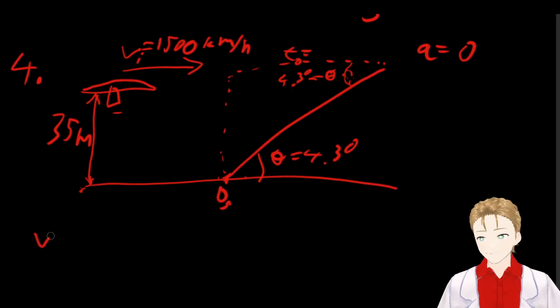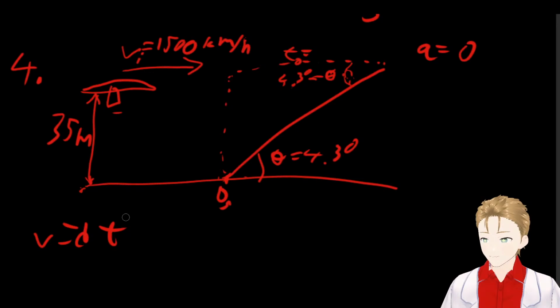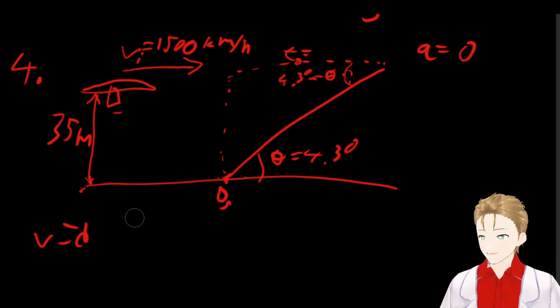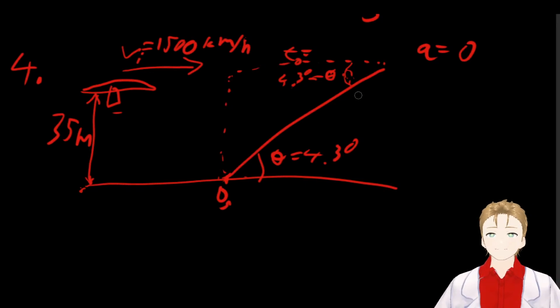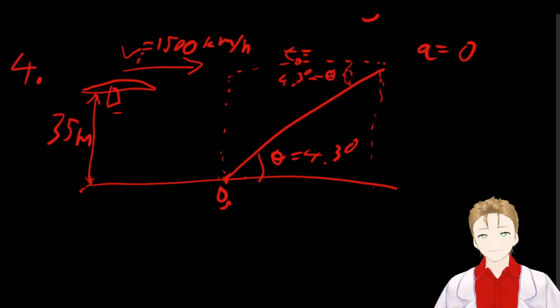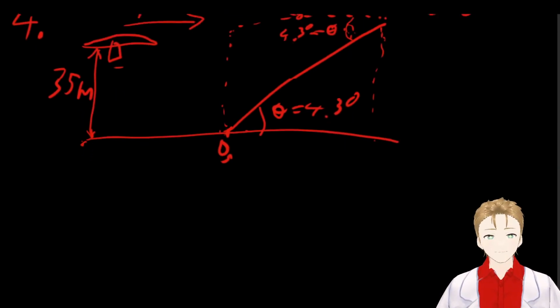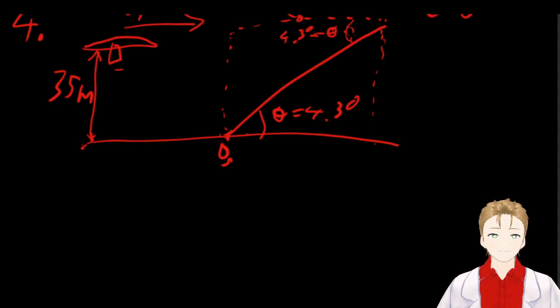Could we just use the v equals d over t? No. We need to figure out when the height becomes 35.